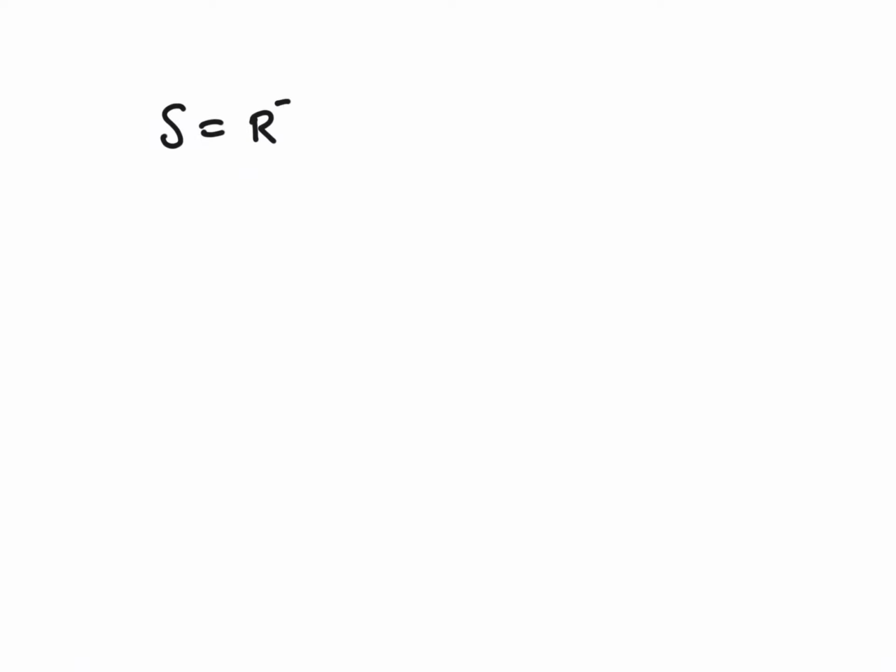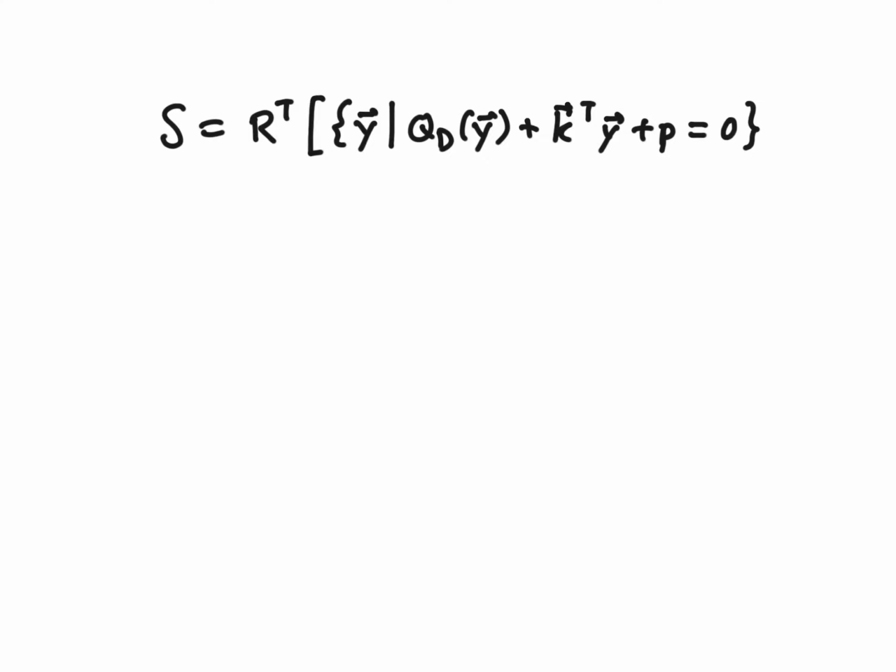First of all, also I can sort of take the R transpose to the outside. Now I'll explain what I mean by this in a minute. But we then have this quadratic form based on the matrix capital D, and then I have this vector K transposed times Y, and then I have P. Okay, all in sort of big square brackets. Yeah, maybe I should write it as a linear map based on R transpose. Okay, so what I mean by these big square brackets here and here is the image of a map.